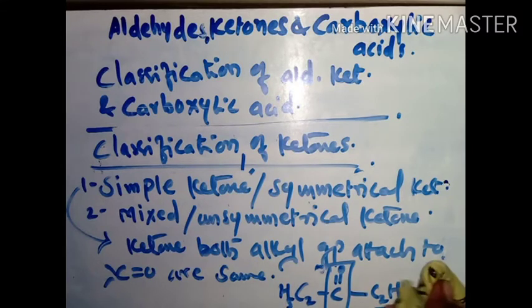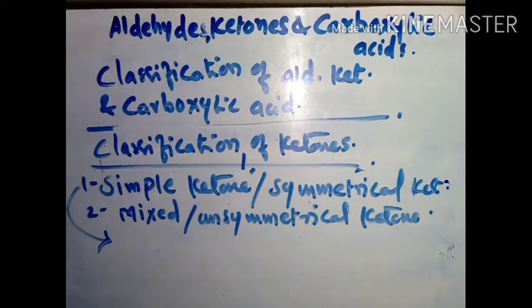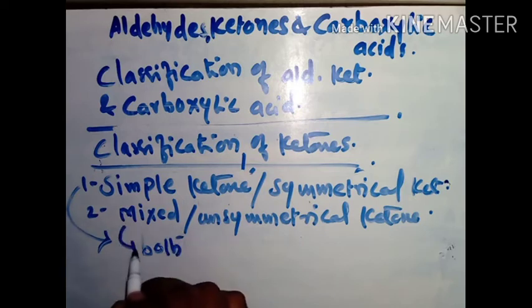Now the next one is a mixed ketone. What will be the definition of a mixed or unsymmetrical ketone? Mixed or unsymmetrical ketones are the ketones in which both the alkyl groups attached to the carbonyl carbon are different. What is the definition of a mixed ketone now?